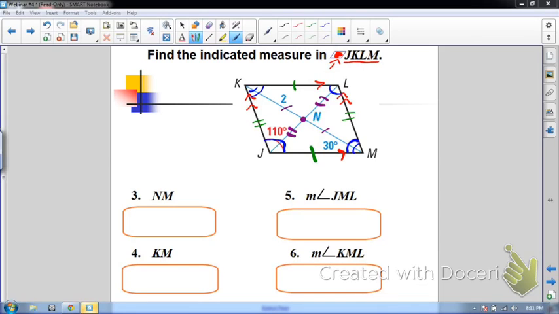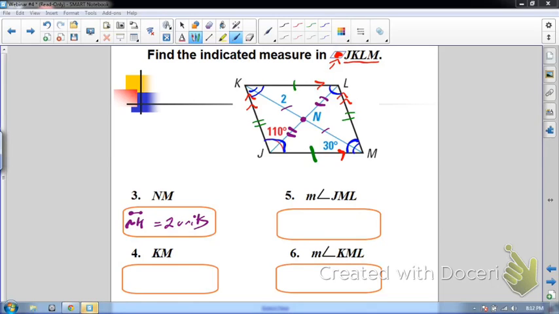Now we can go ahead and jump into this and try to figure it out. So NM, okay, what is that line segment? Well, that's congruent to NK, so this will be the same thing as saying line segment NK, which is equal to 2 units. Okay.